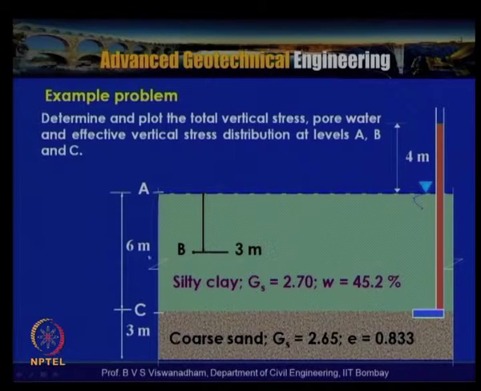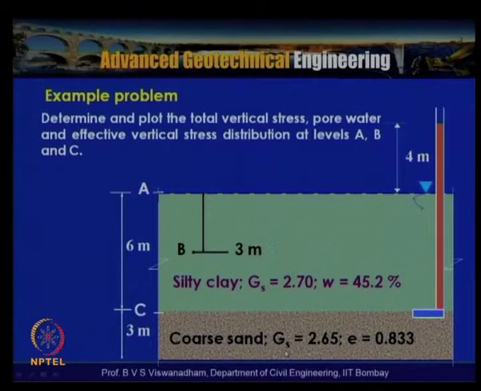A is the top of the surface and the water table is assumed to be at this surface. The hydrostatic water surface is at this surface, and C is the interface between silty clay and coarse sand. 3 meters is the thickness of the clay layer, and 3 meters is the thickness of the coarse sand layer.